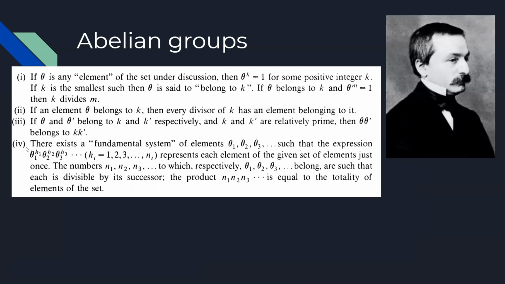And then here he has this fourth property, which I've been trying to wrap my head around. From what I'm getting from it is that if you have the list of all the elements in your group, and these numbers n1, n2, n3 are the orders of each respective element, and if each one is divisible by its successor, then the product of the orders is equal to the total elements of the set.